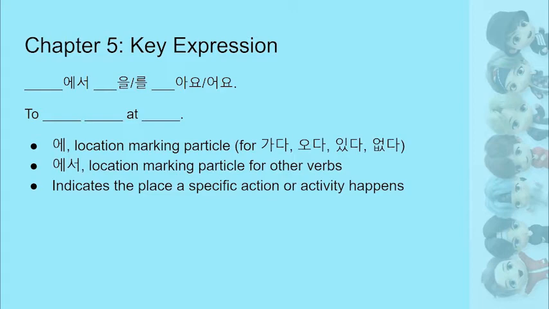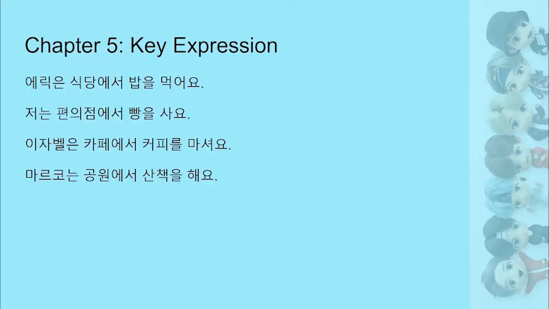In contrast, 에서 is a location marking particle for other verbs, and it indicates the place that a specific action or activity happens. So if you want to use another verb like 먹다, for example, you're going to use 에서. These are some example sentences they've given you on page 99.